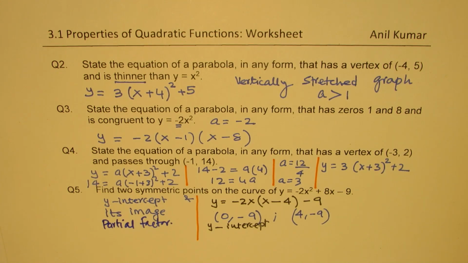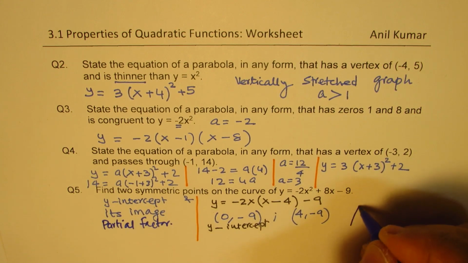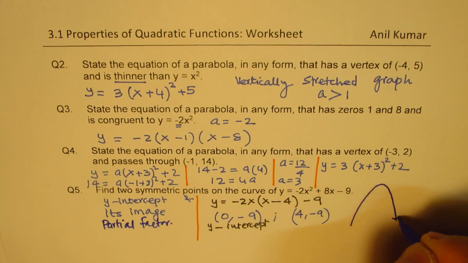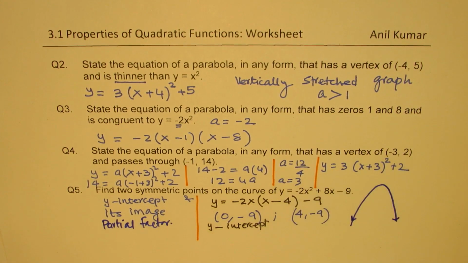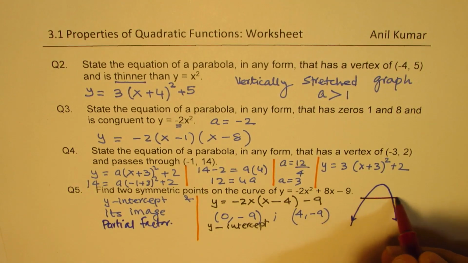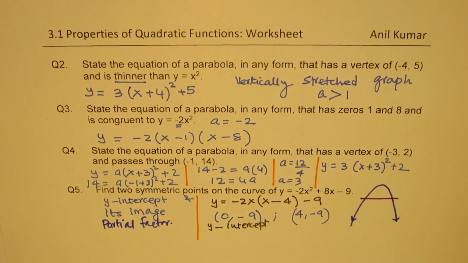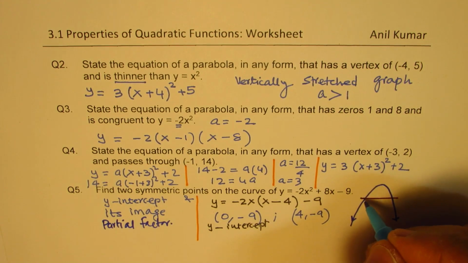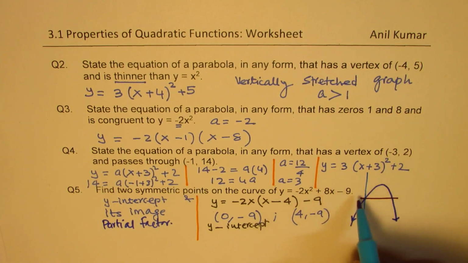Perfect. So basically, this will be a parabola which will open kind of downwards like this, since this value is negative. And you will notice that these 2 points are at minus 9. Correct? So the y-intercept, this is your axis.